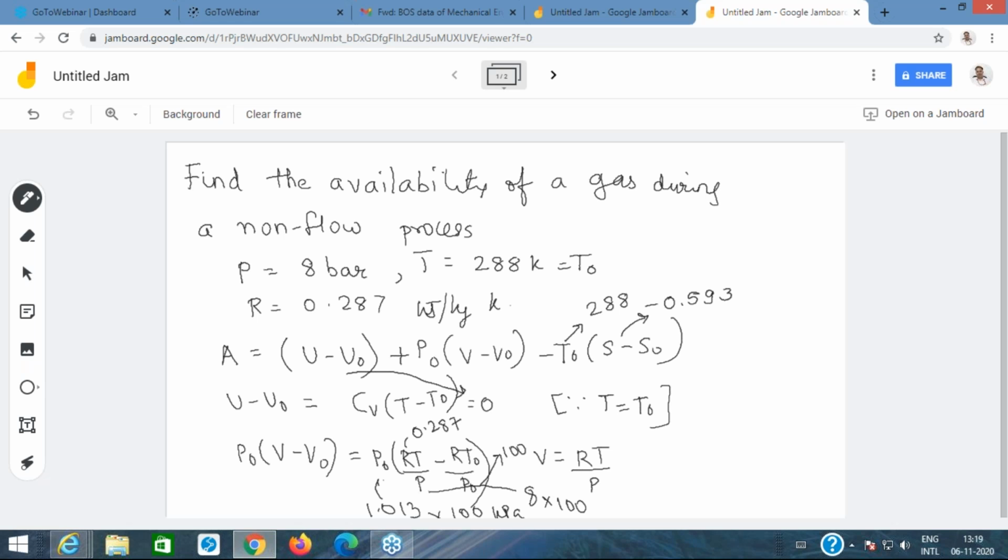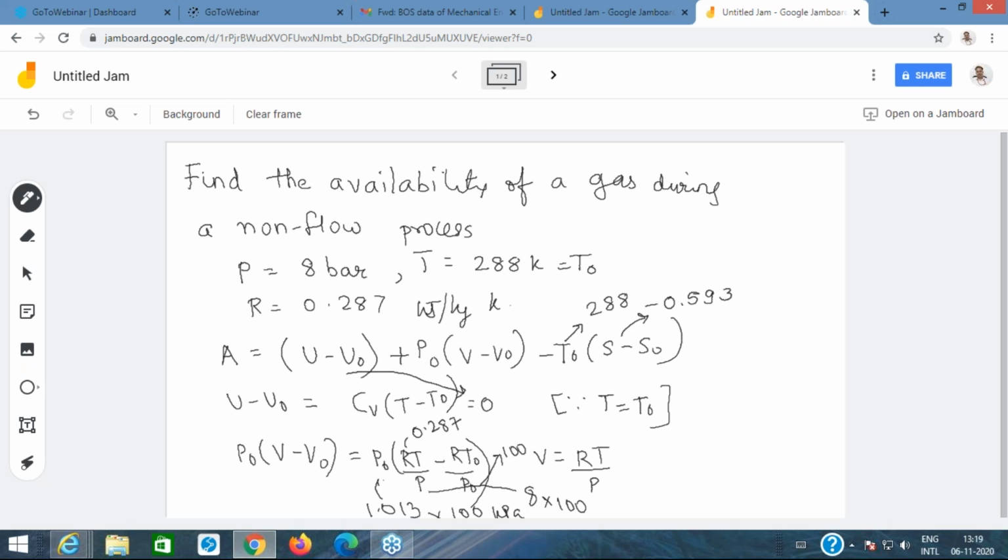so that you get the final answer in kilojoules per kg. Your answer of available energy would be in kilojoules per kg. Please note, I am repeating that the pressure which you are substituting has to be in kilopascals. The value of R, the gas constant, has to be in kilojoules per kg Kelvin, and the temperature in Kelvin.